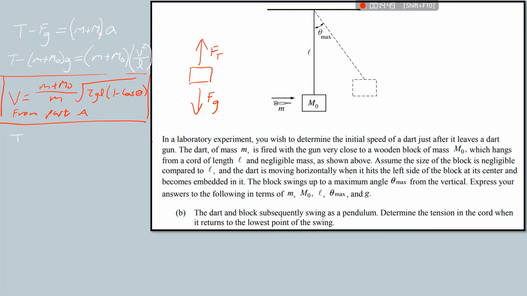I'm going to do one step first to solve for tension on this side. So tension is equal to M plus M naught times G minus V squared over L. I added this term over and then factored out M plus M naught just so I would have space.